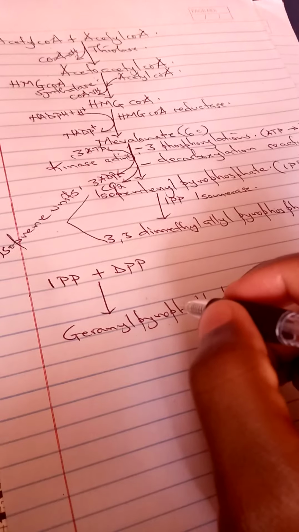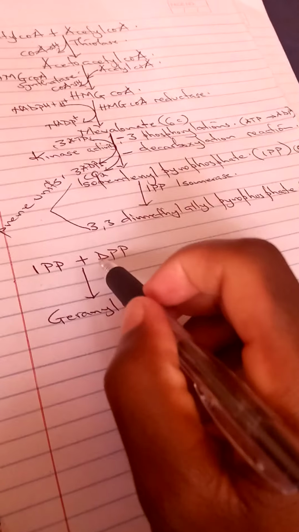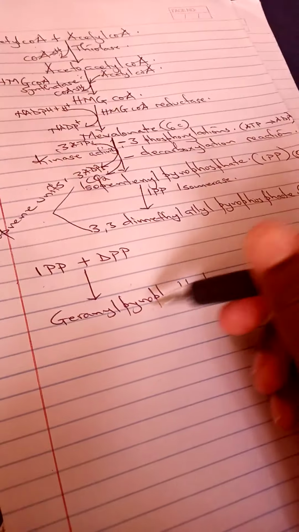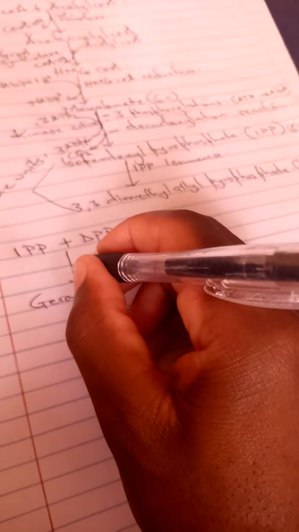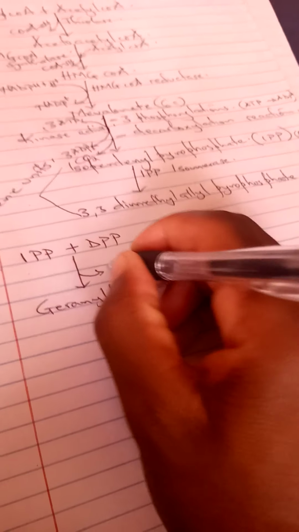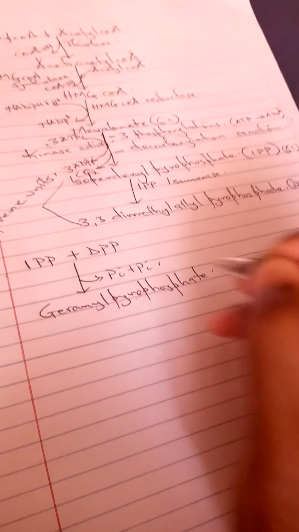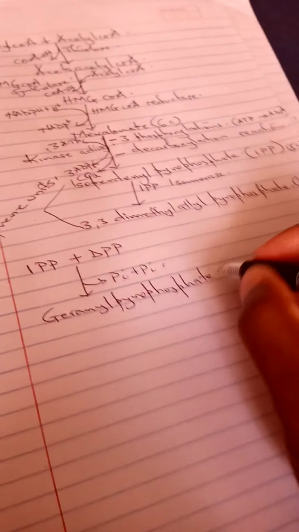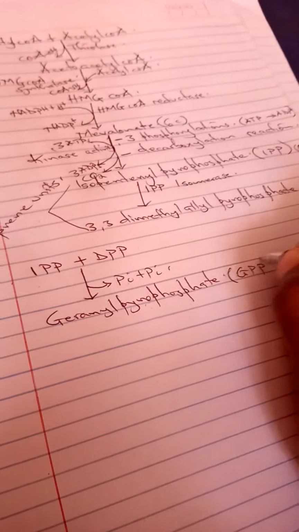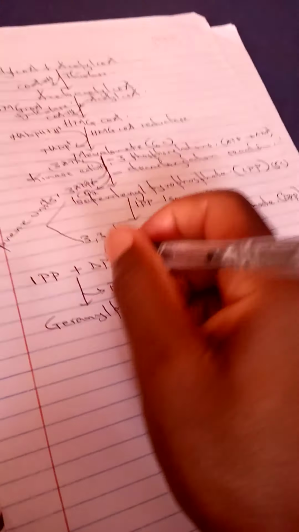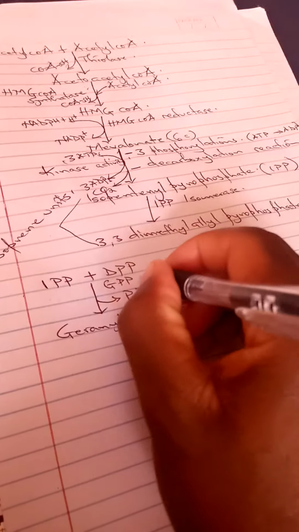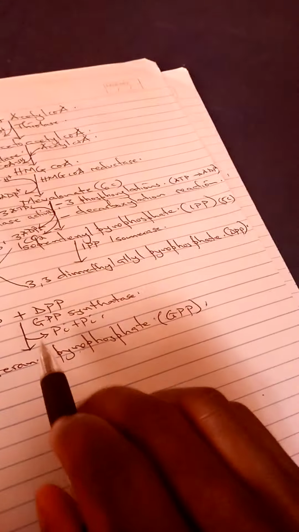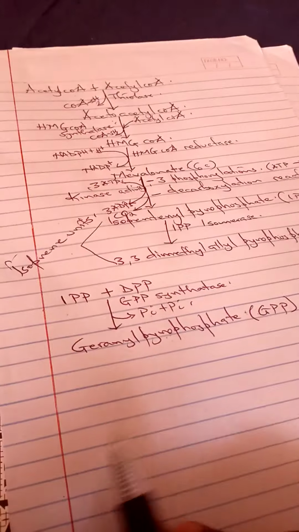During the reaction there is loss of 2 phosphate molecules. This geranyl pyrophosphate is abbreviated as GPP, and the enzyme catalyzing this reaction is GPP synthase. So this is the enzyme catalyzing this step.